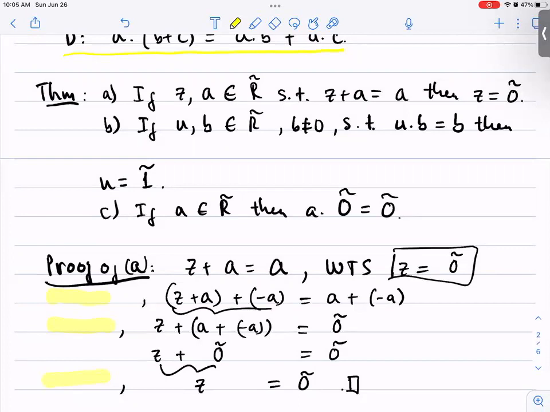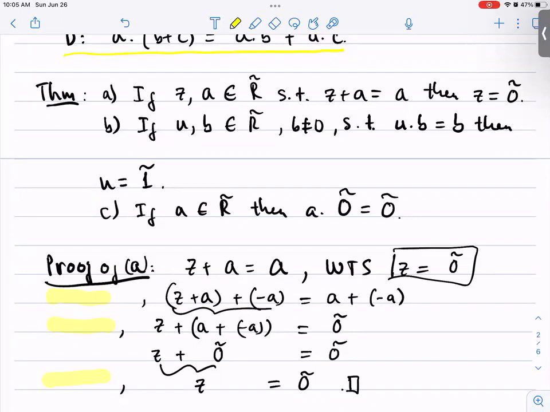Similarly, the second statement is about the uniqueness property for the one element inside the set of real numbers. For U be inside the set of real numbers, B is not equal to 0, such that U multiplies with B equal to B, then U is equal to the one element, to element 1.